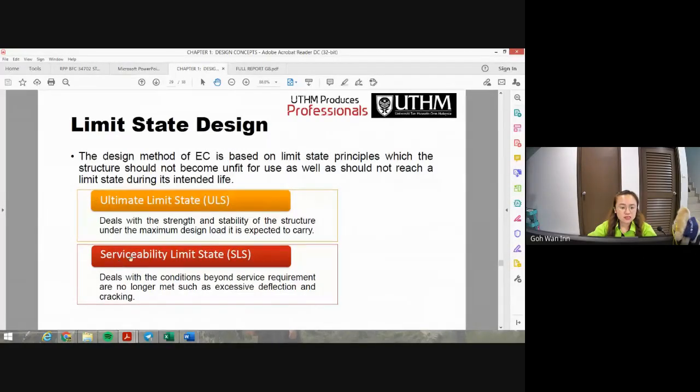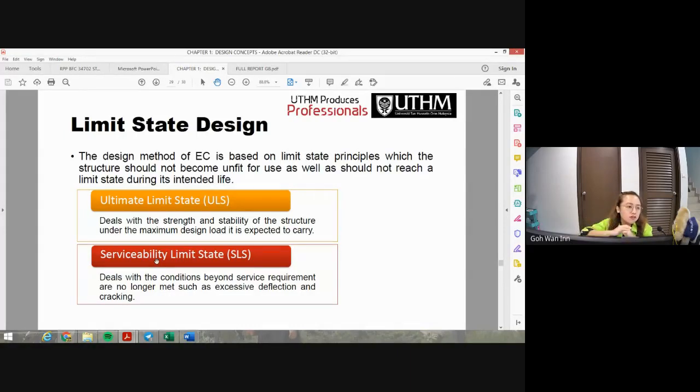The serviceability limit state deals with the condition where service requirements are no longer met, such as excessive deflection and cracking. As I explained in the steel, the stress-strain curve: after the elastic state, the concrete will start to crack, or the steel will start to yield, and then go into the plastic state. So the serviceability limit state means the limit at the yield.